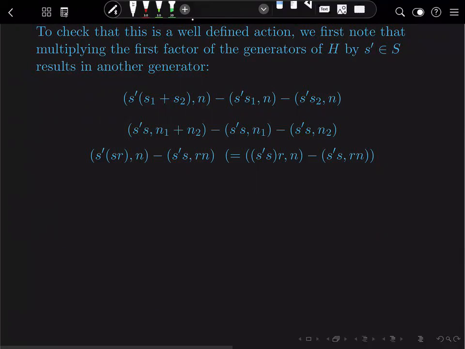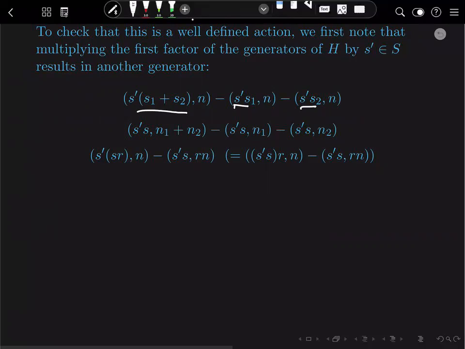Okay, so here we're not looking at the action, we're just looking at what happens if we multiply the first element in each of our generator elements. Right, so we have S prime times S1 plus S2, comma N, minus S prime S1, comma N, minus S prime S2, comma N, right?